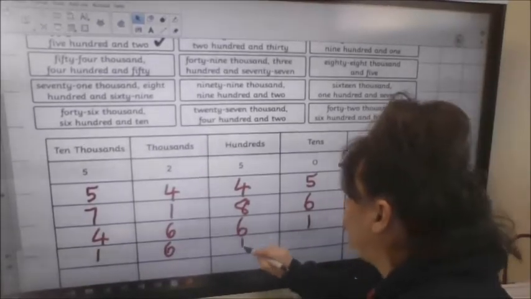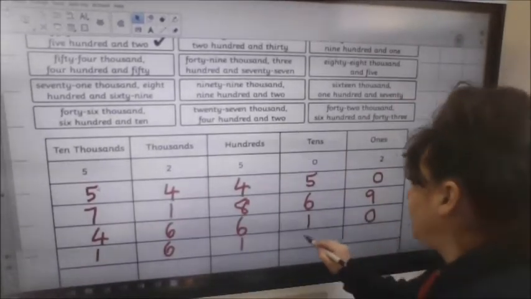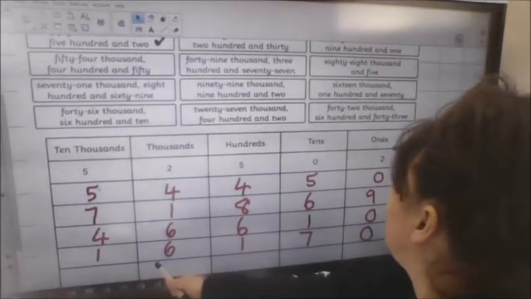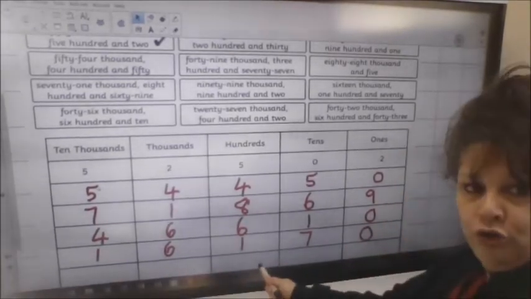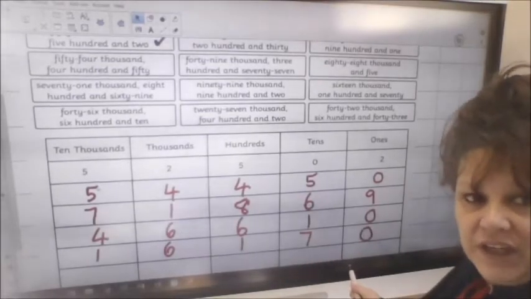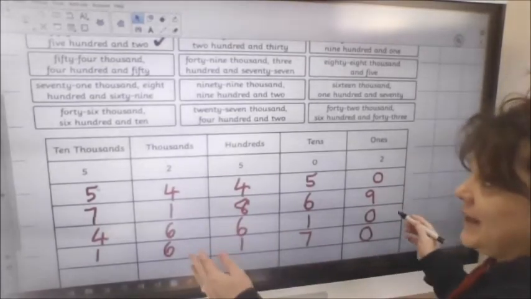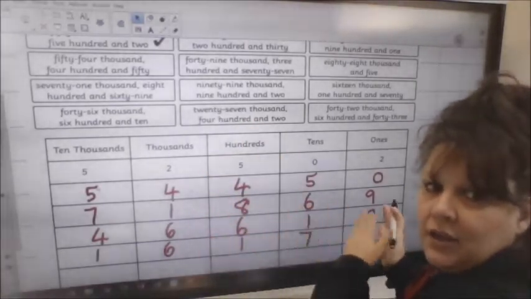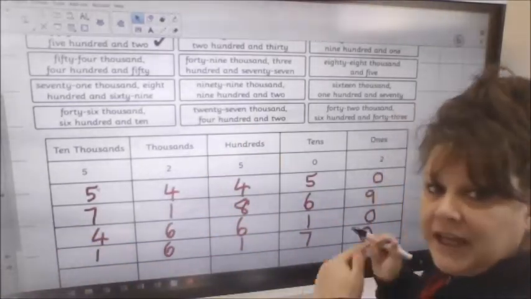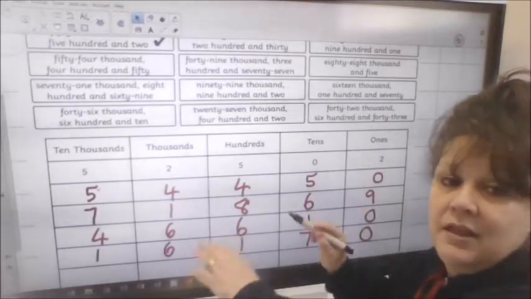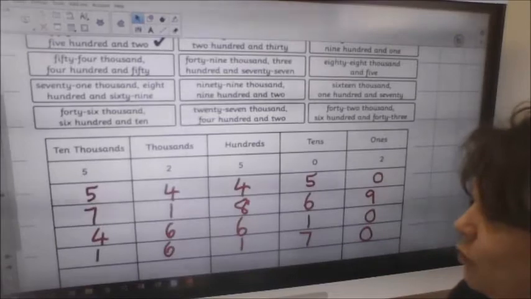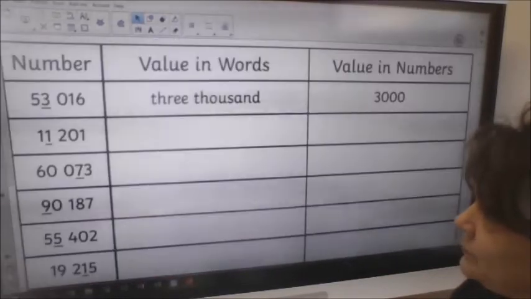I've got 100 and I've got 7 tens. I haven't got any ones. So 16,170. So we can see by using the grid, we can see very, very clearly the value of each of the digits in the number.